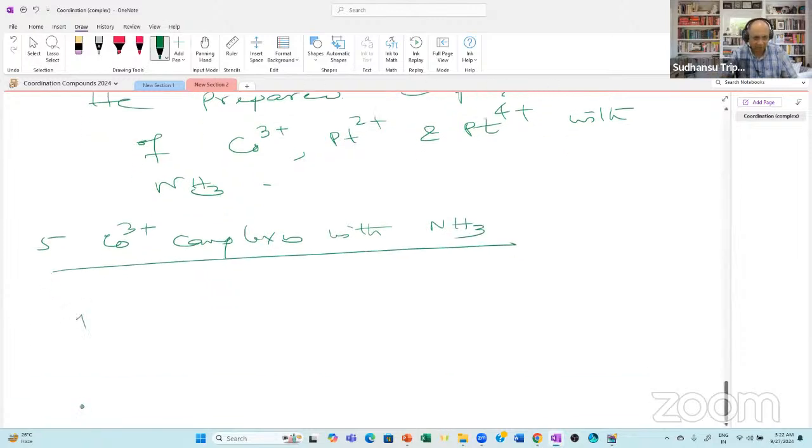The first compound was cobalt chloride dot 6 ammonia. He got a different color. I will tell you the color. It is better that I tell you the color now instead of.